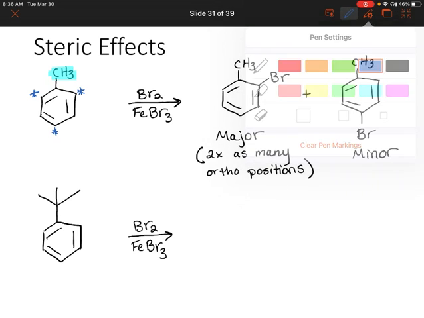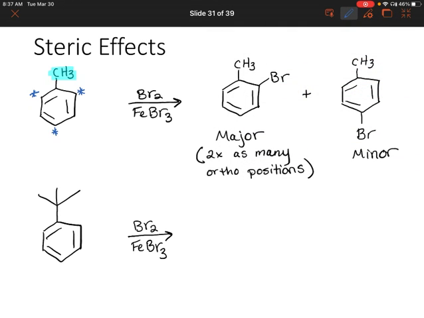Okay, so is that tert-butyl group an activator or a deactivator? So remember, really any alkyl group is going to be an activator through hyperconjugation. So that means it's also an ortho-para director.